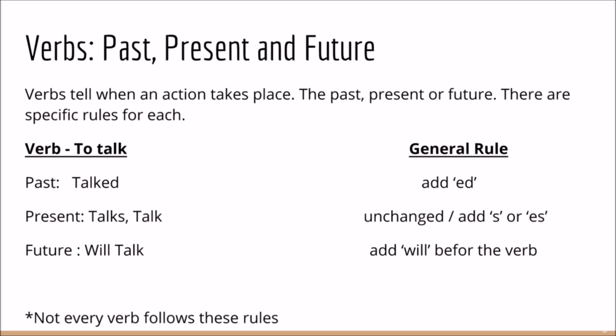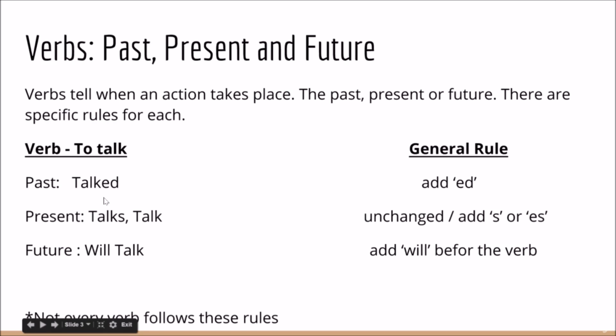So if it's in the past, for most verbs, all we do is we add ed to the end. For example, the verb to talk, if we're talking about someone who did the action talk in the past, we just add ed. That's talked in the past.